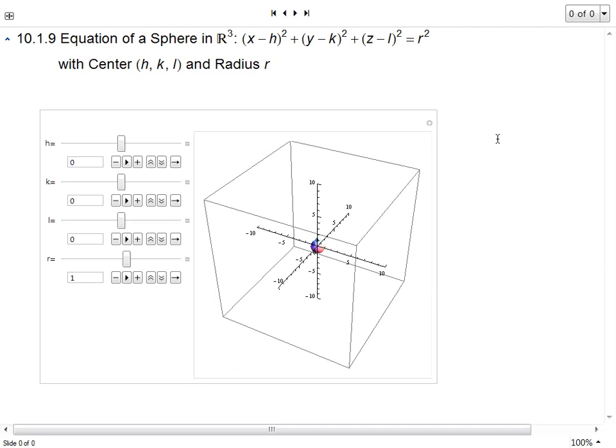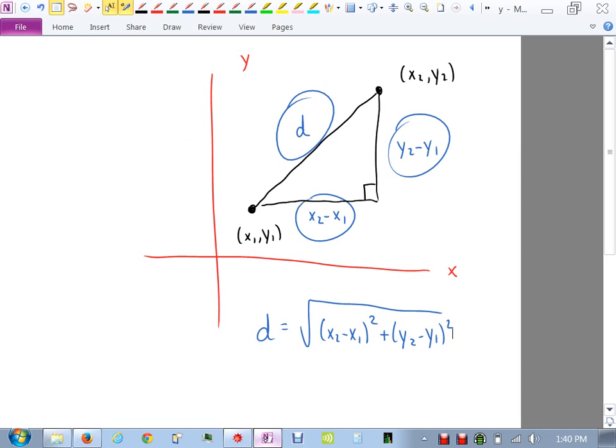Okay, we get to our next type of geometric object in three-dimensional space, and that's the sphere. Please recall from pre-cal, college algebra, calculus 1 and 2, what's the equation of a circle in two-dimensional space?